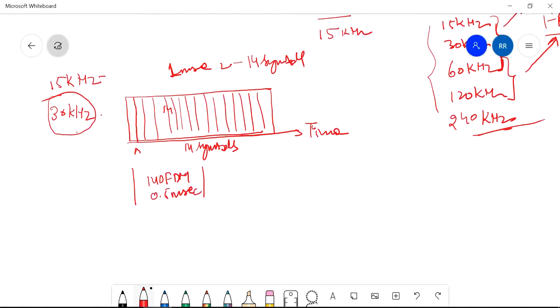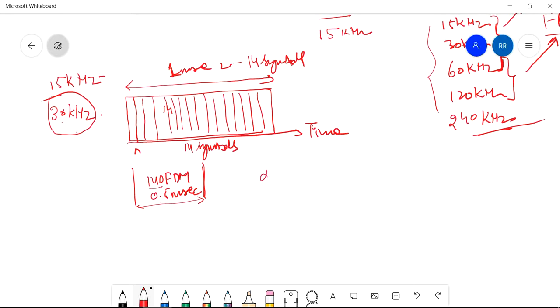It means when the subcarrier spacing gets double, our slot size will decrease. Earlier the slot size was 1 millisecond and we were having 14 symbols in 1 millisecond. Now with 30 kilohertz we will have 14 symbols in 0.5 millisecond. So what impact does it have?